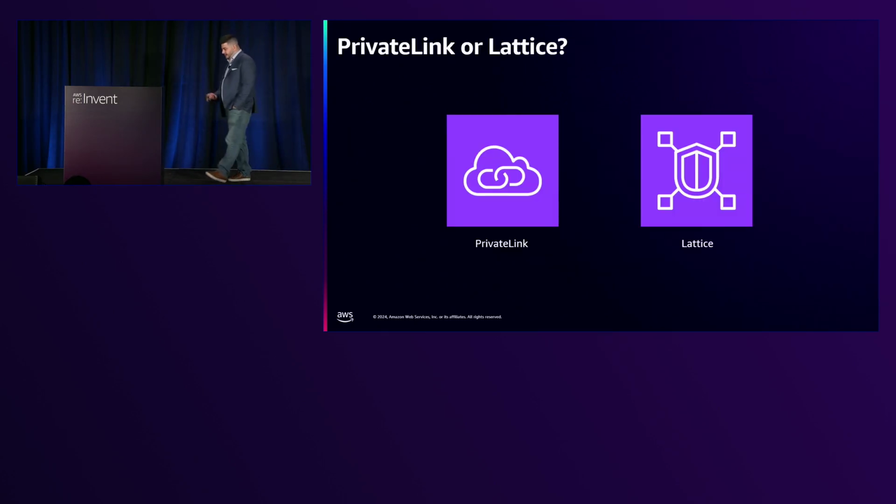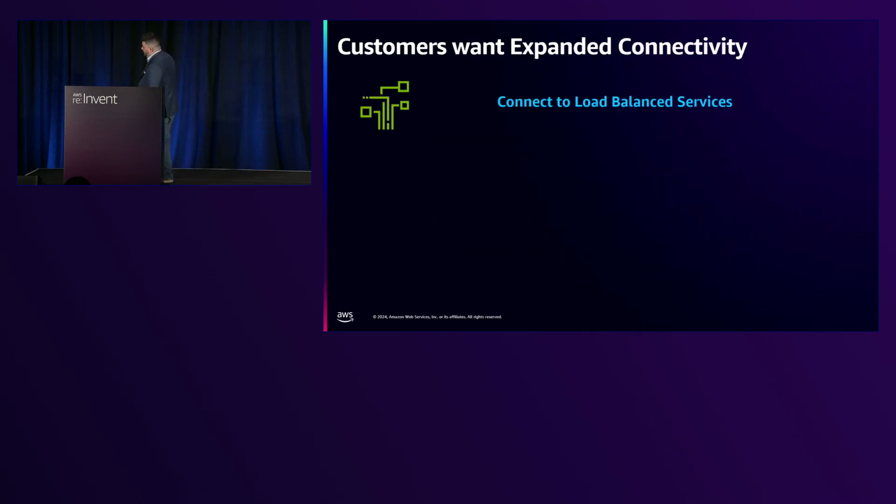Customers have asked me, how do we think about PrivateLink or Lattice? And I think it's a really interesting question. With this release, and this goes back to some of the primitives that we are introducing by way of Lattice and service networks, what I would suggest is we should think of PrivateLink and Lattice. So we mentioned how customers wanted expanded connectivity.